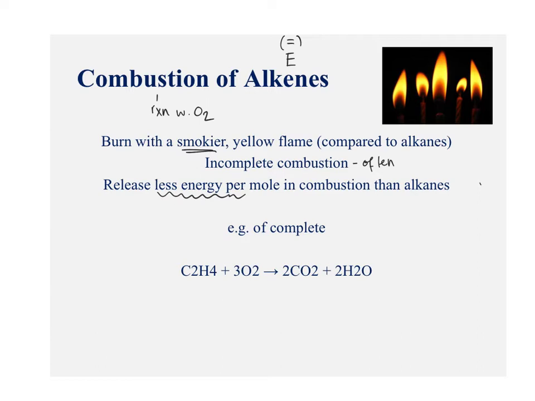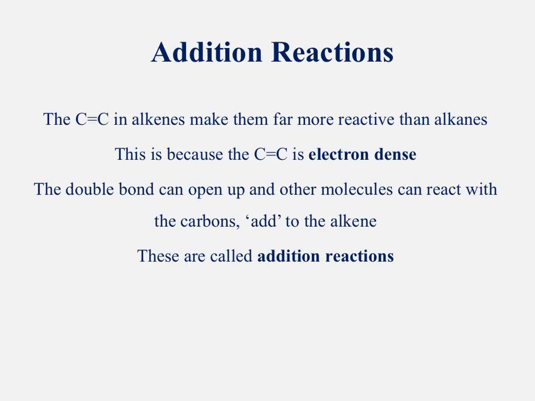So if you compare an alkane like ethane and an alkene like ethene, the alkane, ethane, will release more energy than the alkene, ethene. An example of complete combustion, as we've seen before, is producing carbon dioxide and water. And you just have to balance the equation using oxygen. Remember, it's a diatomic molecule. Please don't just leave a single O floating about.